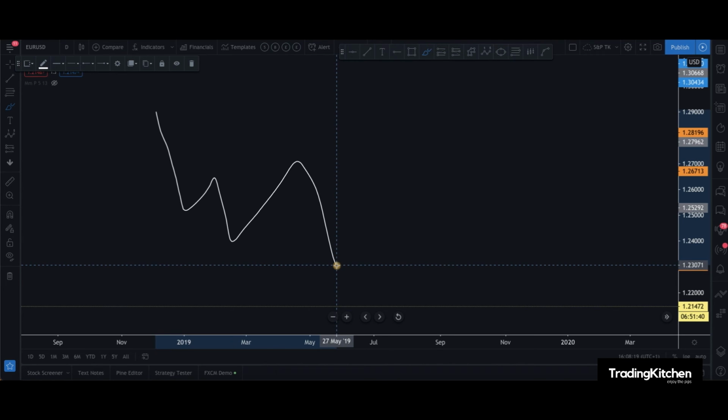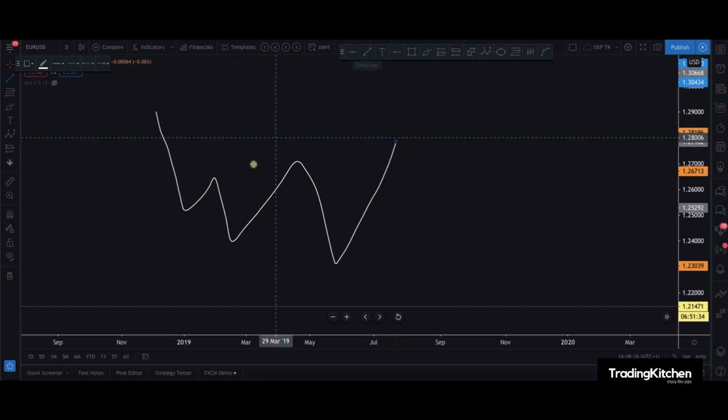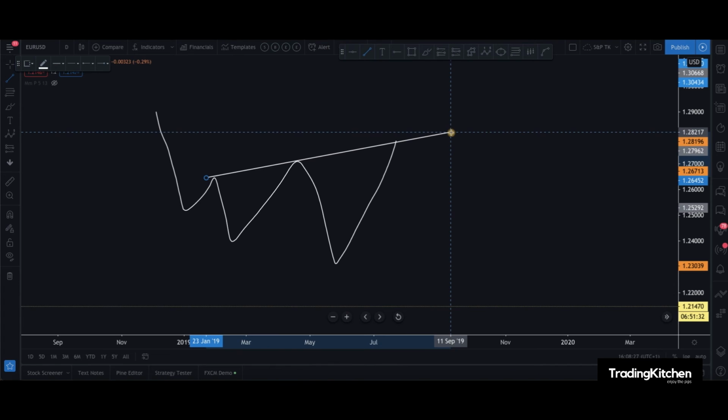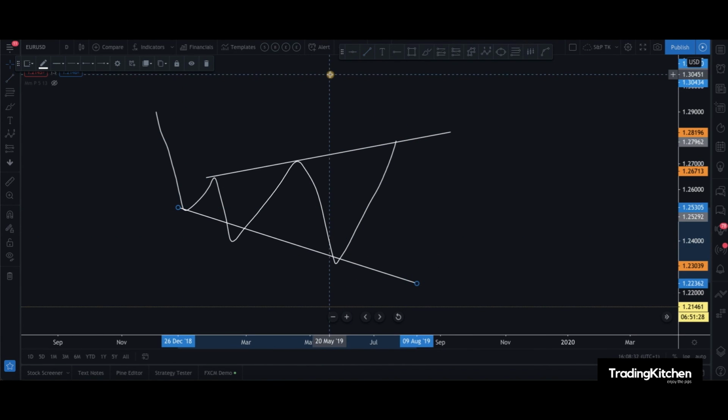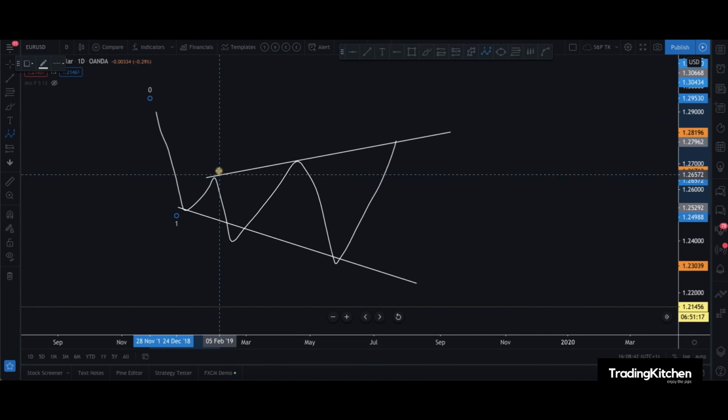Okay, this is an expanded triangle. Expanded triangle. Okay, we have to behave like impulse down, channel down. So 0, 1, 2, 3, 4 and 5.